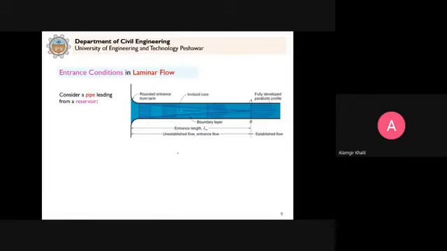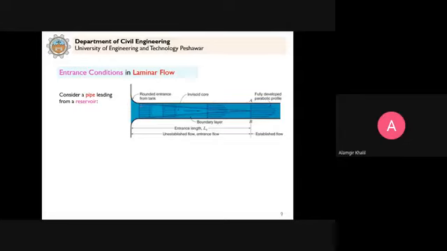So let us look at these entrance conditions in the laminar flow. Let's say the water enters into the pipe. What will happen? Initially, there is no resistance. We are assuming there is no resistance at the moment the fluid enters into this pipe.